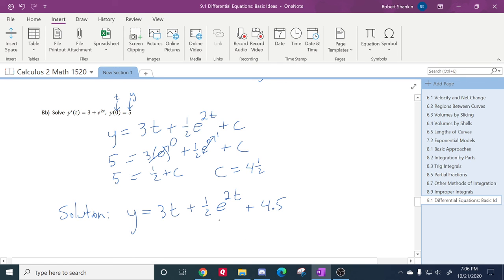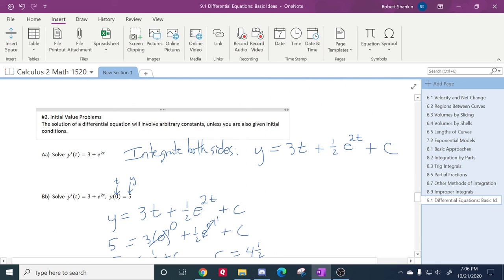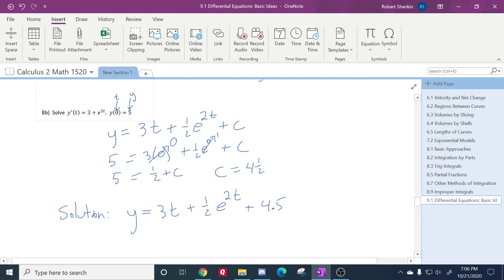And then we've got it. So, once again, you'll have arbitrary constants when you solve a differential equation, unless you're also given an initial condition. Any questions?